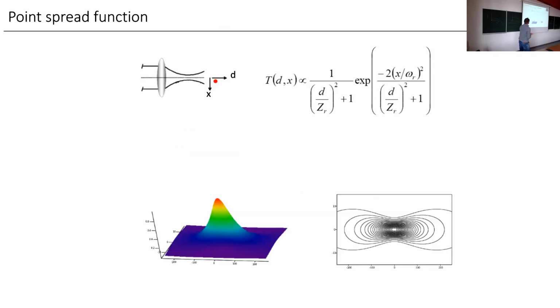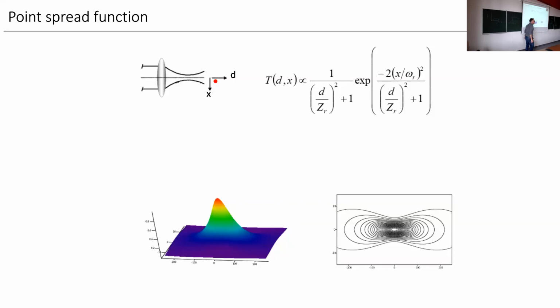So you can do the calculations. The first calculation is for this lens with a point reflector here. You make a point reflector as a function of a lateral offset x from the beam center and a distance d from the exact focal point.